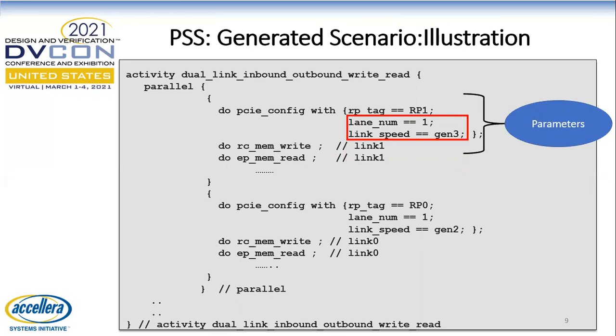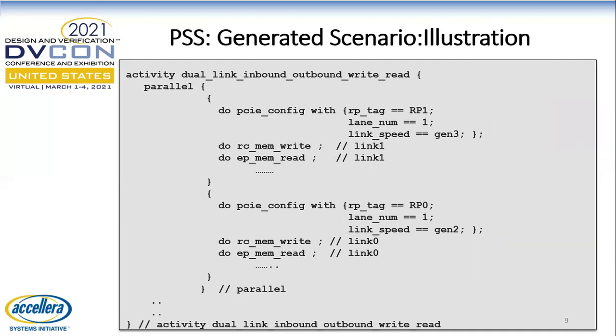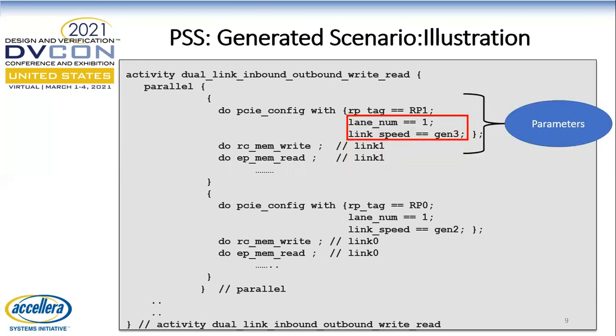The lane number is 1 here and link speed is Gen 3 here in the generated one. But you can see that the previous slide has lane number 2 and link speed Gen 4 for the link 1. So that is being changed here. This is done in the PSS tool, and hence the variation.